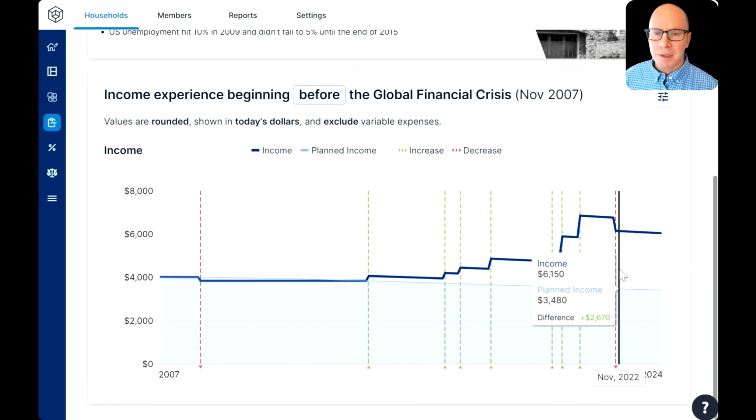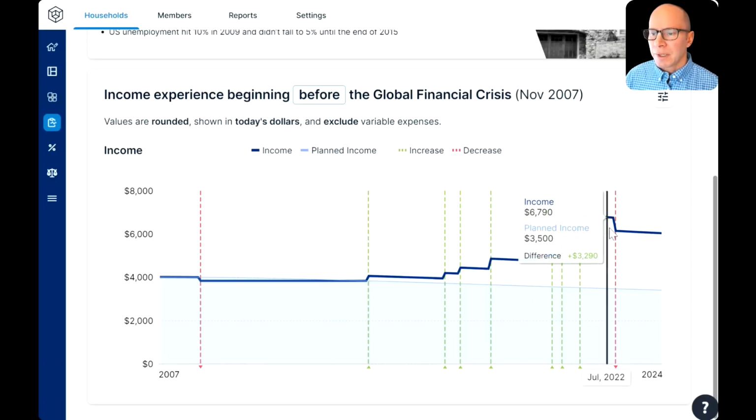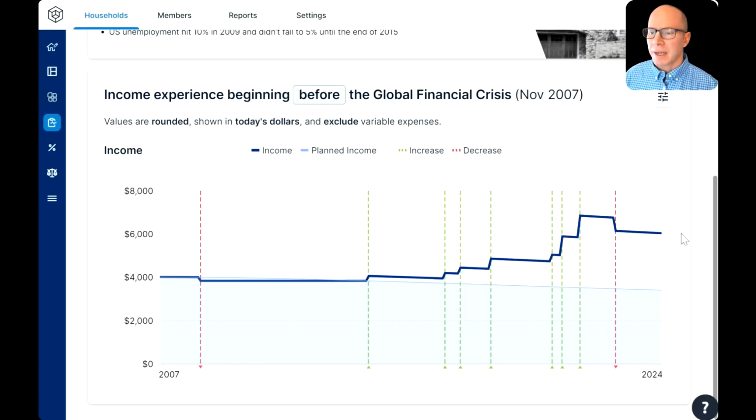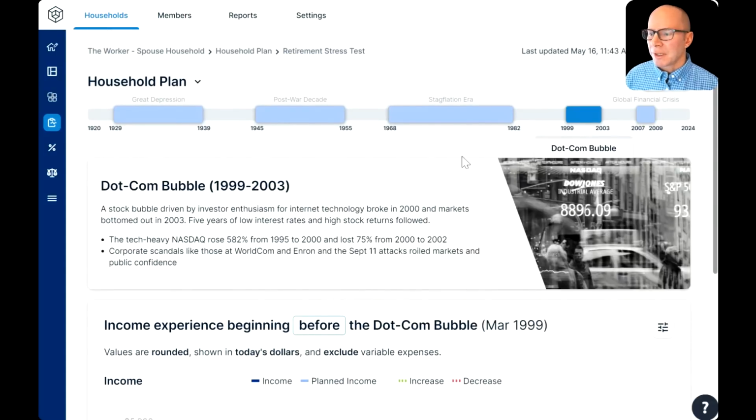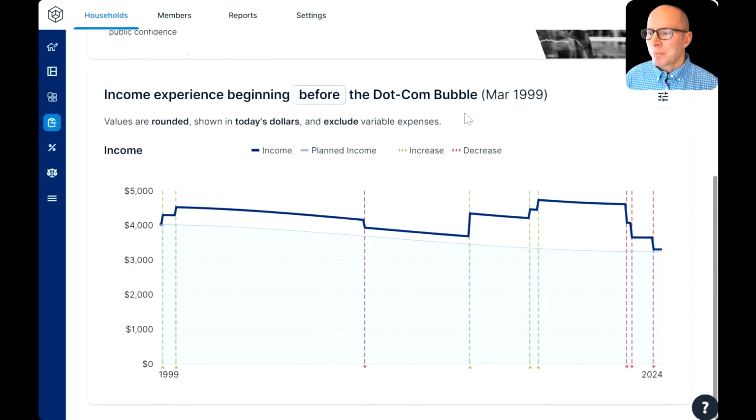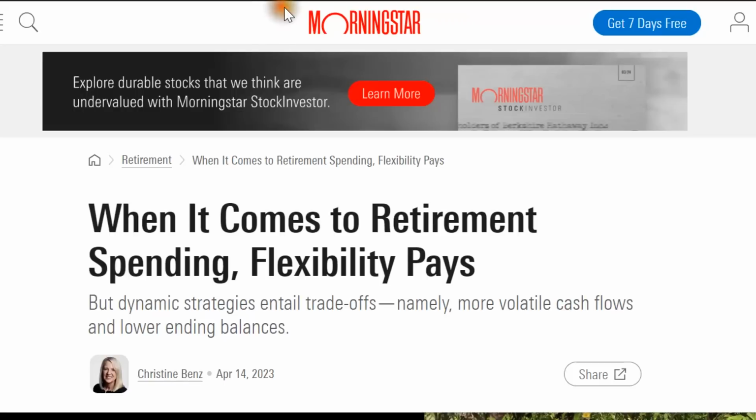If you remember, that was a tough year for the 60-40, for example, and so you might need to reduce the income due to something like that. So there are fluctuations. Ideally, they are mostly upward, but it is also possible to have these decreases where you actually need to cut your spending. So again, this can help you start at a higher rate, but it can lead to you needing to make cuts to your spending. So you need to be okay with that.